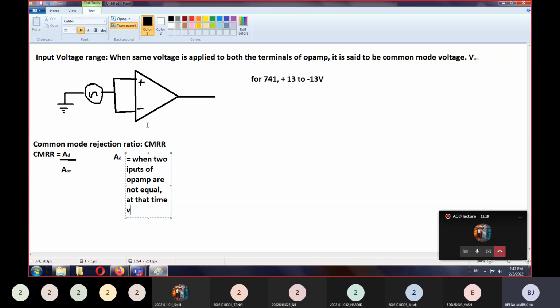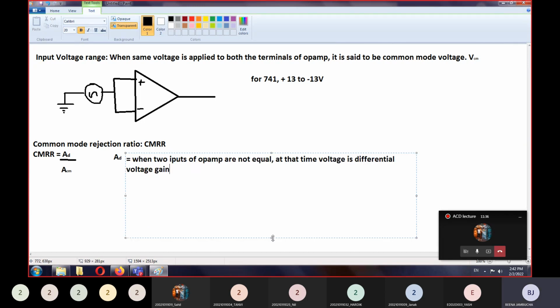At that time, it is the differential voltage gain. We are providing different voltages at both input terminals, non-inverting and inverting.